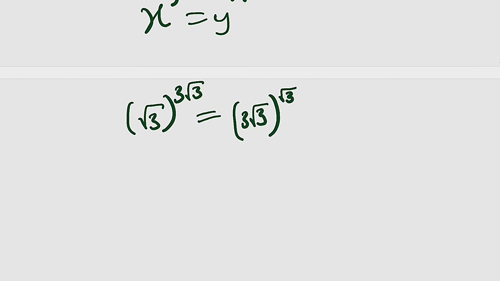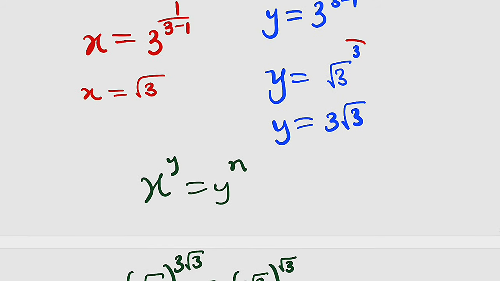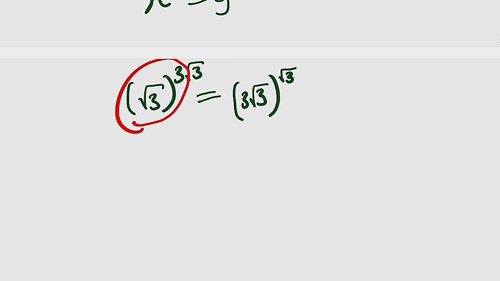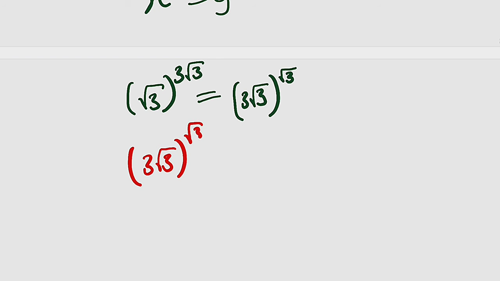You know, according to one of the laws of indices, you can start with the first power here before the second one. So if you say that square root of 3 to the power of 3, it will surely give you this. That's exactly what we evaluated here, right? So we have this to be 3 root 3 to the power of square root of 3, which is the same thing as 3 root 3 to the power of square root of 3.